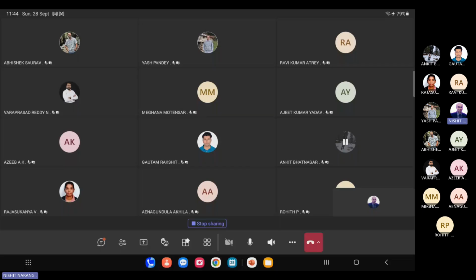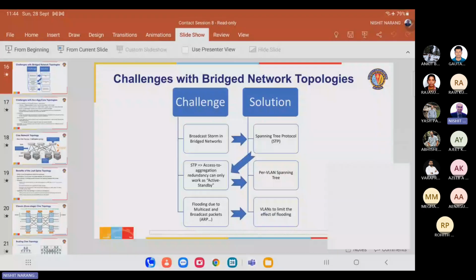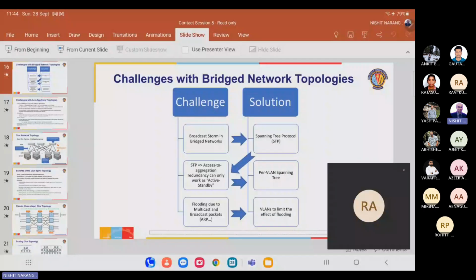So actually, if you look at spanning tree protocol, Ravi, it's a system level protocol resulting in a particular network configuration. It's like a routing protocol, a distributed protocol that runs on all the network nodes, the switches in the network, in order to create a spanning tree.